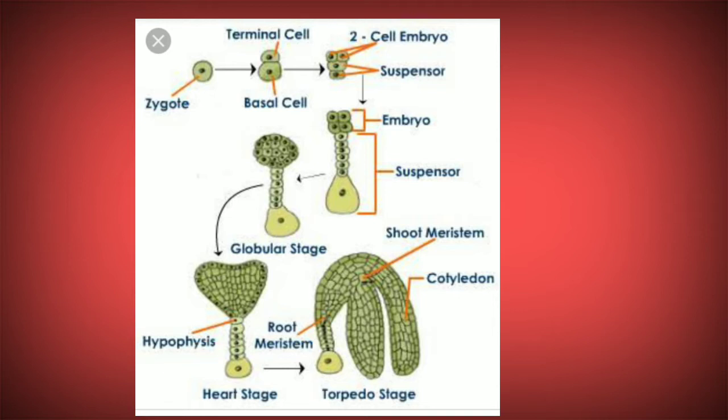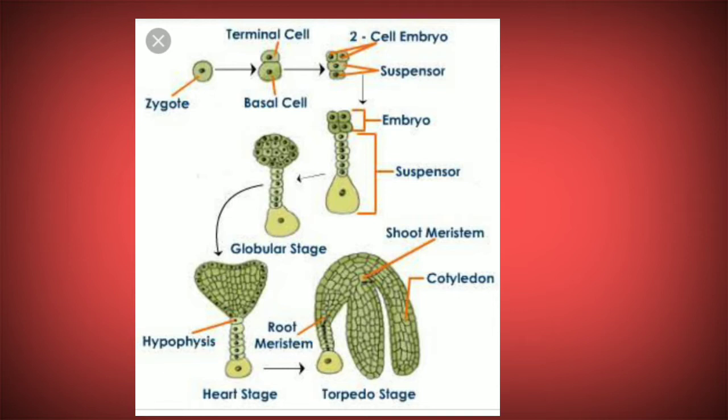The upper one is called the terminal cell and the lower one is called the basal cell. The terminal and the basal cells undergo another cell division, in which the terminal cell divides by perpendicular cell division, that is anticlinal cell division, and the basal cell again divides by periclinal cell division.